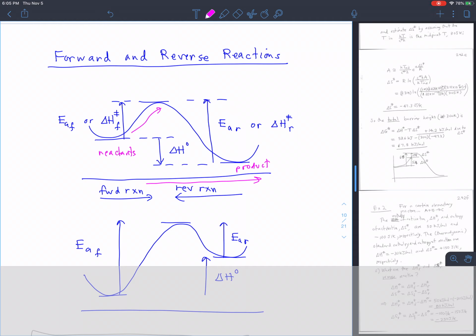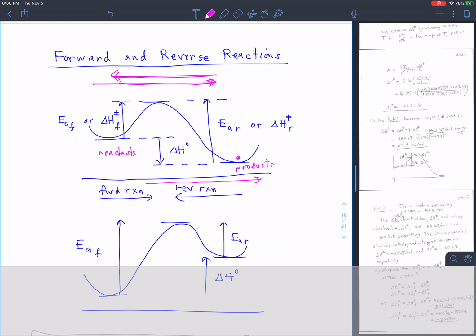But I always talked about it as if we were going this way in the forward direction. But of course, it's clear that if you started over here, which you perfectly well can, just start with a bunch of products instead of the reactants, then you can also go backwards. So this diagram doesn't just deal with forward reactions, it deals with both reactions at once. This is the diagram for an elementary reaction in one direction and its reverse reaction in the other direction.